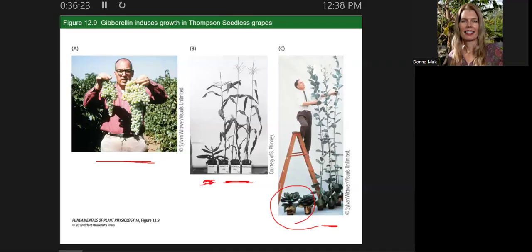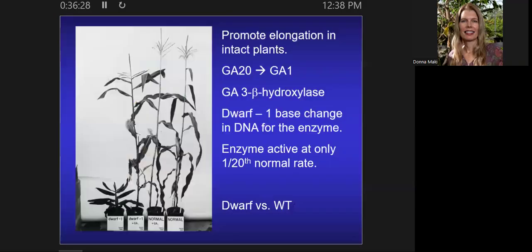But basically, when you ran that experiment in lab where you had dwarf pea versus wild type, what you were playing around with is that the dwarf plants have just one little change in the DNA that codes for the enzyme that does this step of taking GA20 to GA1, which is the very active form of gibberellic acid.